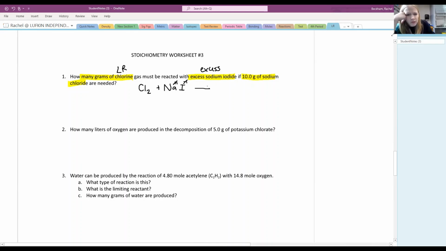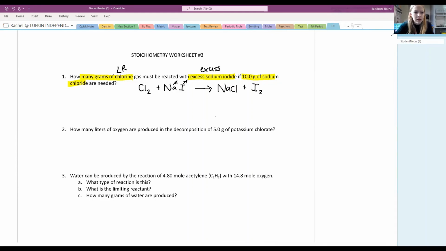And they're going to react. So you would double check on your activity series, but I'm assuming that the reaction happens. So the chlorine is going to come in and bump out the iodine, right? The iodine is going to be by itself, and iodine is diatomic. And then you would need to go back and balance. I'm going to let y'all balance, but I'm just kind of getting you started on this worksheet.